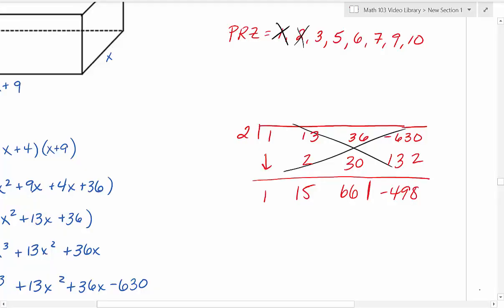Since our remainder is a large number, negative 498, I'd be inclined to not go to 3 as my next try, but jump to a little bit bigger number. Let's try 5.